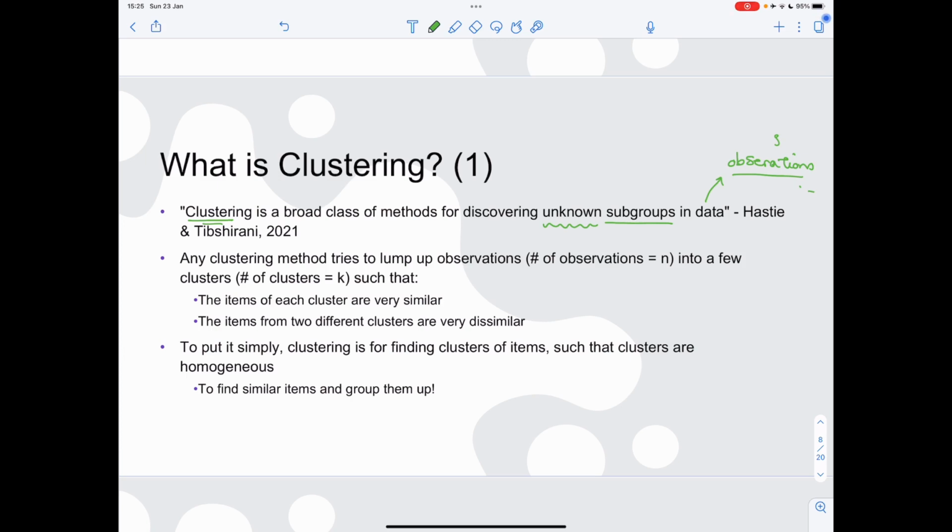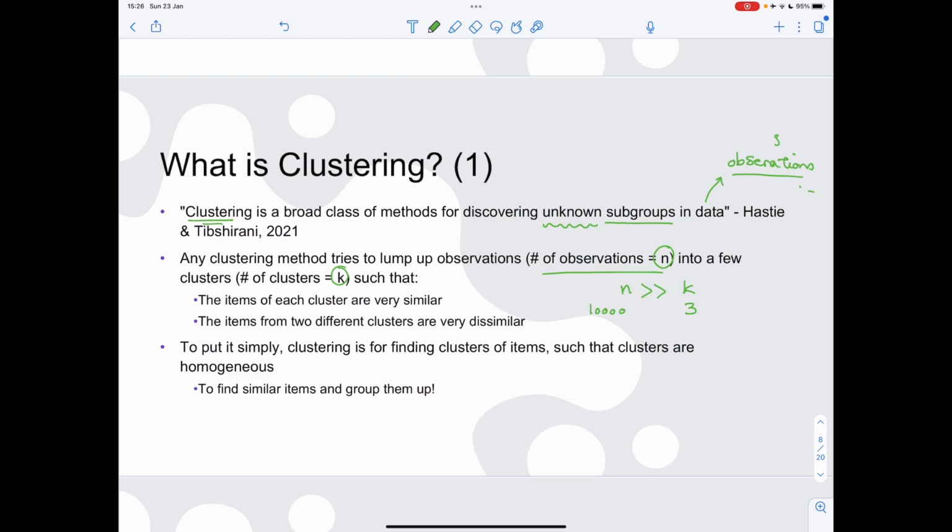Any clustering method tries to lump up observations, the number of observations, let's say it is n, into fewer clusters, and the number of clusters is k, in a way that n is way bigger than k. So for instance, we want to put 10,000 observations into 3 clusters. The items of each cluster are very similar. There are criteria to meet here.